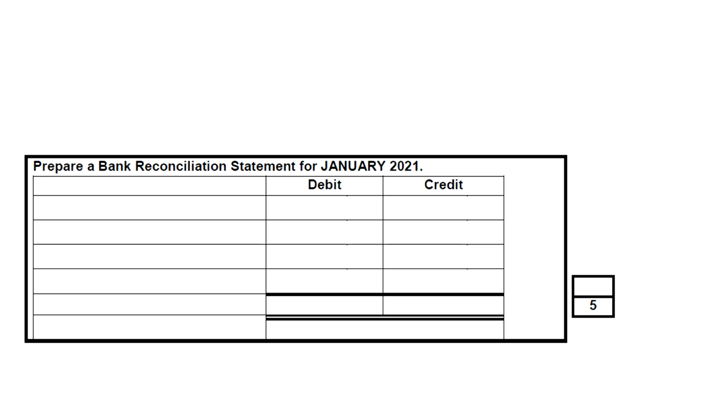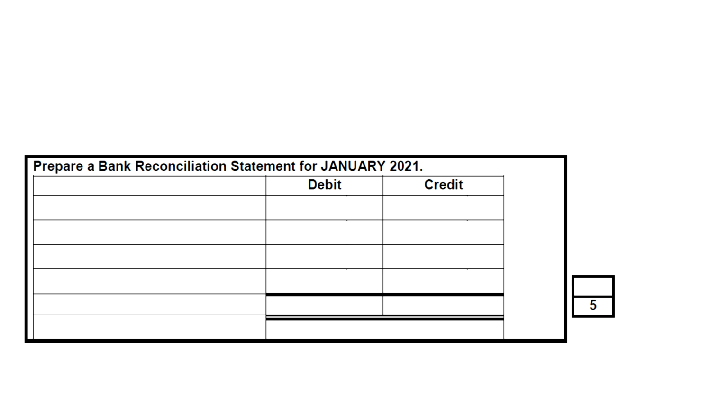Like I said, any errors that are made by the bank, we fix in the bank reconciliation statement. And any errors that were made by us, we fix in the journals like we did in the first step. That was us fixing our mistake, recording the amounts that we omitted but that were in the bank statement. Now we are recording amounts that the bank omitted but were in our books.